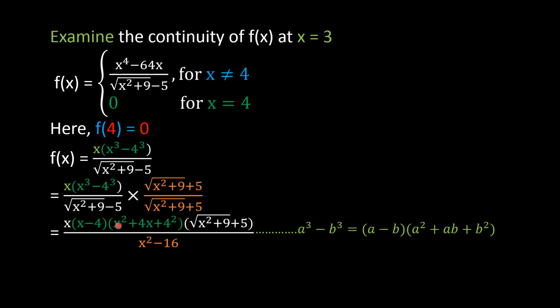multiplied by (x squared plus 4x plus 4 squared). After that, we will multiply the denominator separately. Here, this will be according to (a minus b) multiplied by (a plus b), which is a squared minus b squared.